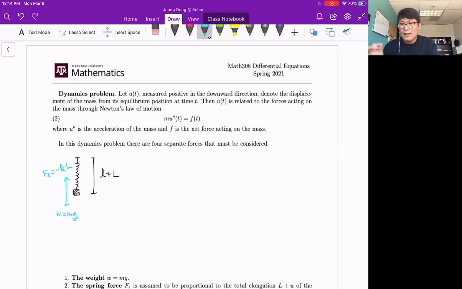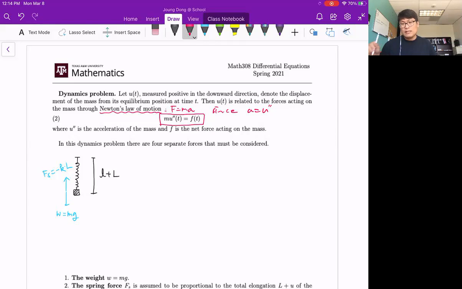So basically it is based on Newton's law of motion, F equals ma, and the acceleration a is the second derivative of your displacement u. Since a can be written as u double prime, by plugging back, we can say your final force F is mu double prime, okay?